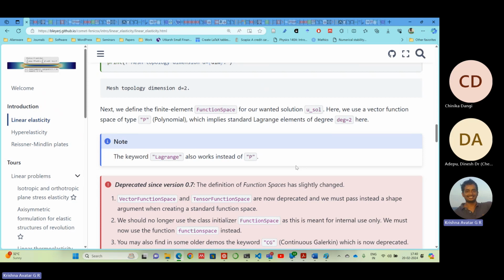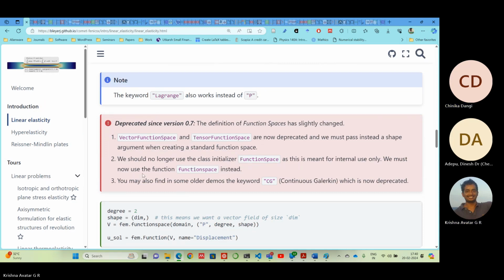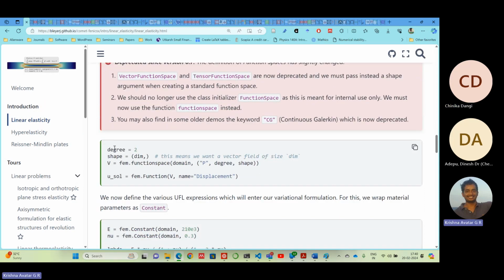So we'll be using second degree polynomials to define the basis functions. So degree is equal to 2, and shape is equal to dim, comma, which means that we want a vector field of size dim.